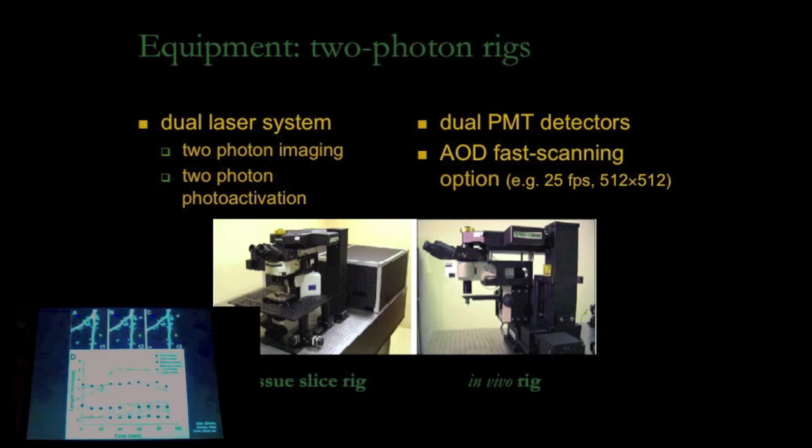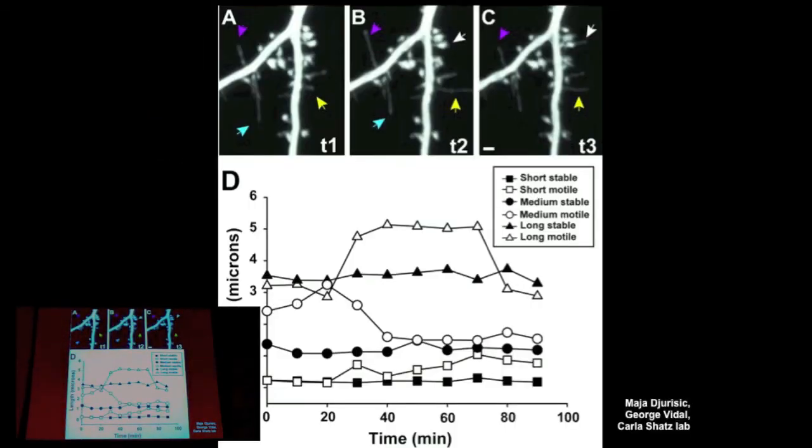But I do have some sample images from the 2 photons. So here, this is from Maya Jurisic and George Vidal and Carlos Schatz's lab. I believe it's hippocampal neurons from a YFP mouse, so 5% of the pyramidal cells are expressing GFP.